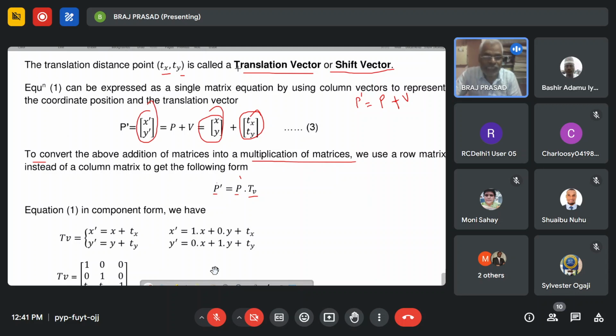So if we simplify this equation, this TV is x dash equal to x plus tx, and y dash is equal to y plus dy.